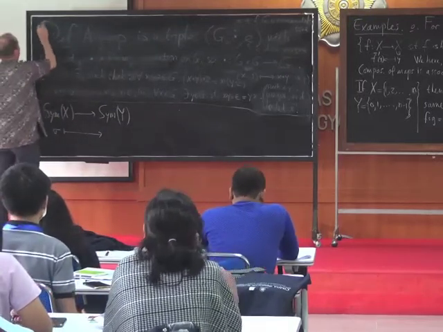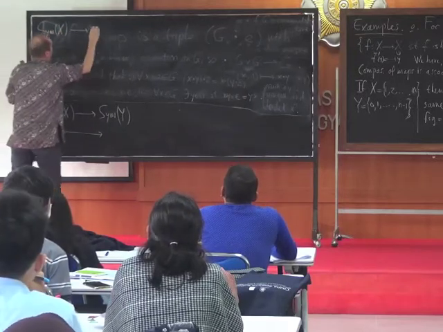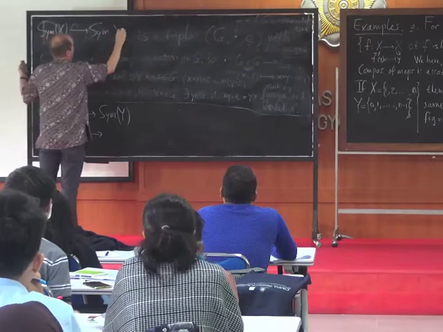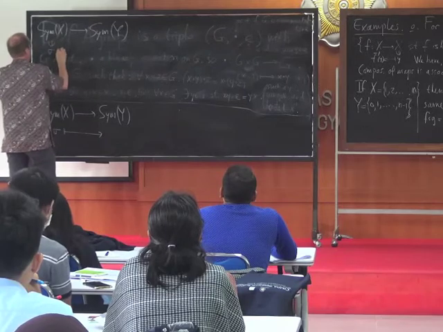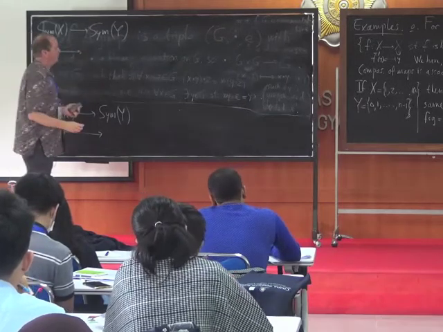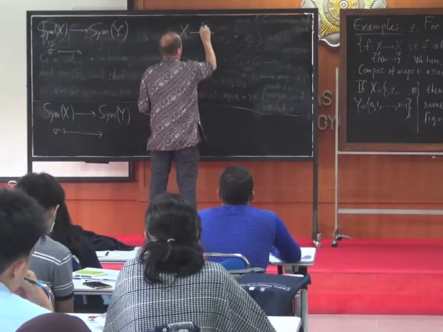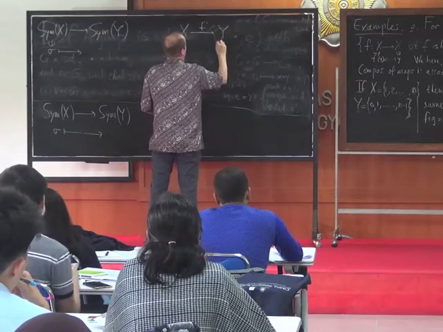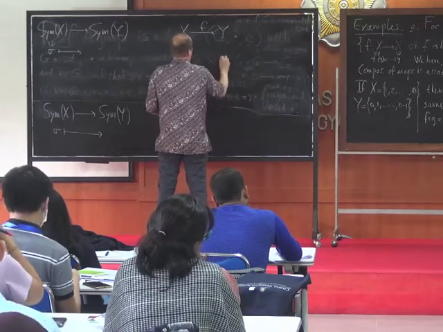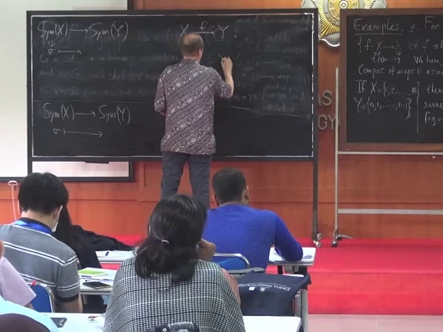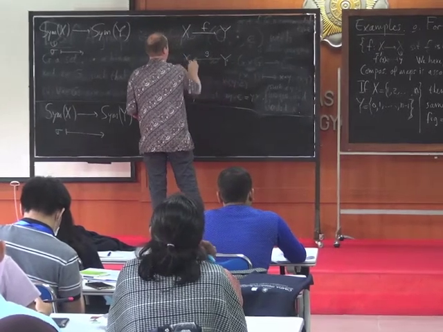So I want to go from Sym x to Sym y. And if I have a sigma in Sym x, what can I do? Well, let me write this diagram here. I have this f from x to y, and I have this g going to x again.